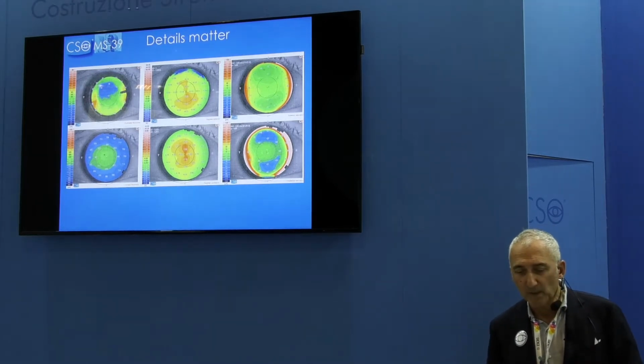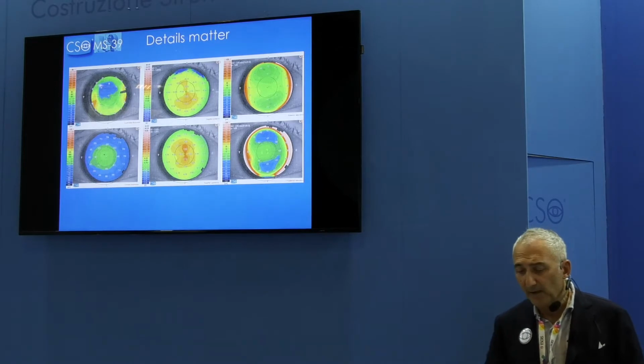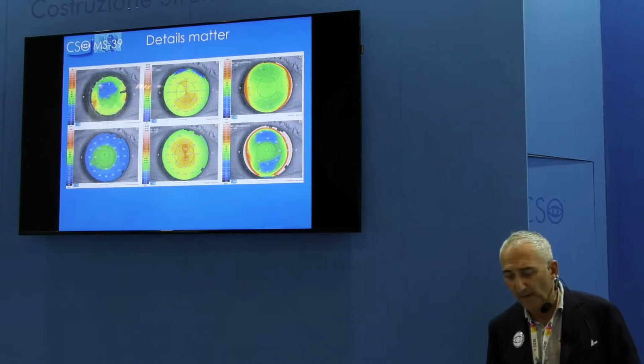But we see this strange irregularity in the anterior curvature, and it's very useful, besides having a look at the posterior curvature that is regular, to be able to check the thickness of the epithelium.